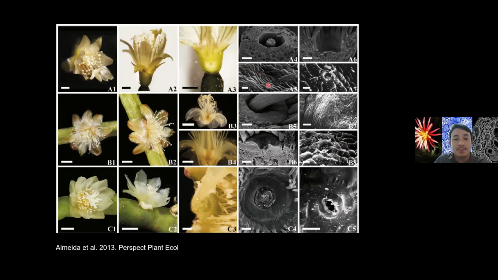And all the species we could analyze of Hypsalid release the nectar through stomata. There are no trichomes on the surface of the nectary.